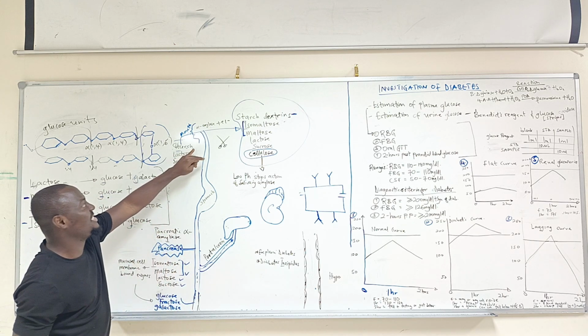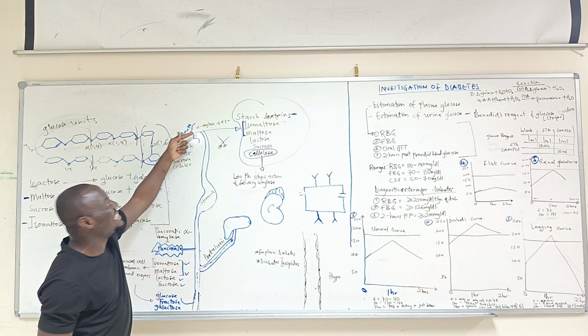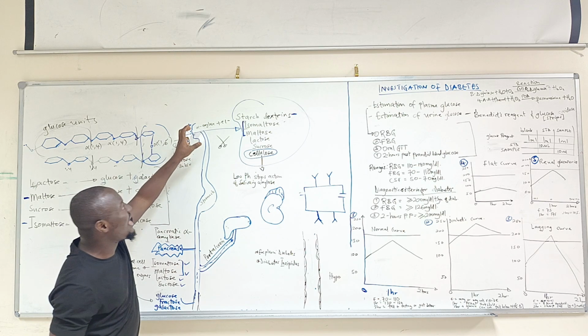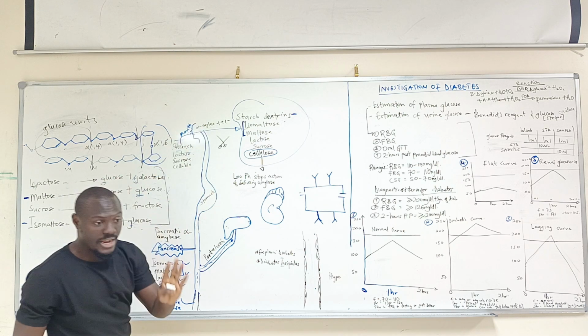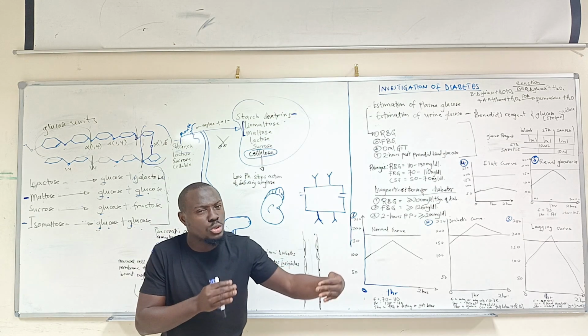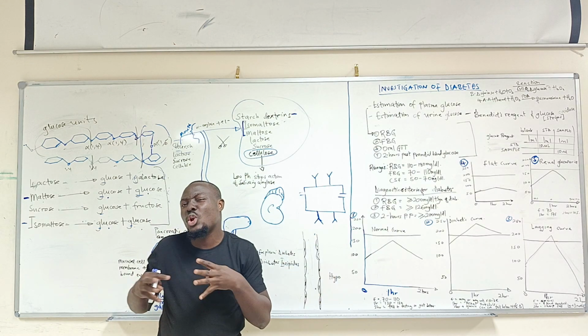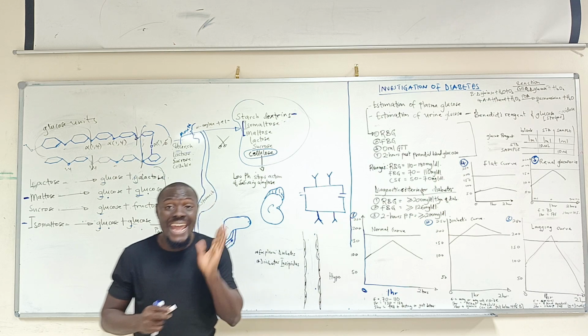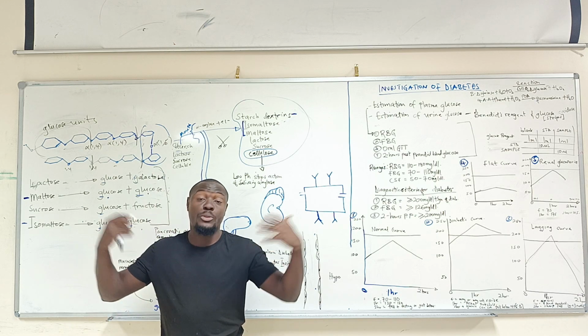Now I told you the starch here actually is going to be digested by the alpha amylase acting on it. Don't forget, usually when we cook food, some part of the food might be well cooked and some part might also not be well cooked. This is just a hypothetical statement I'm making.